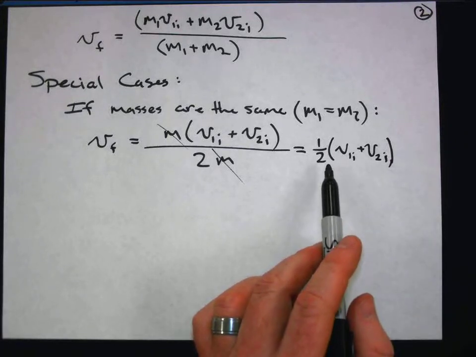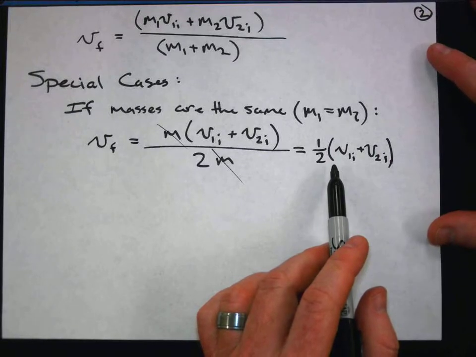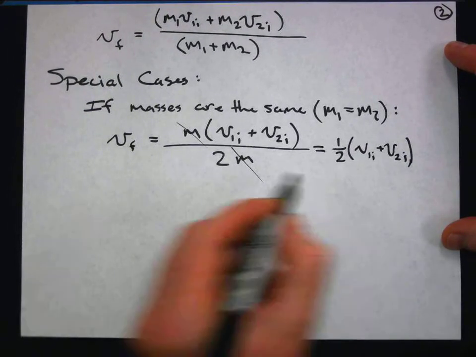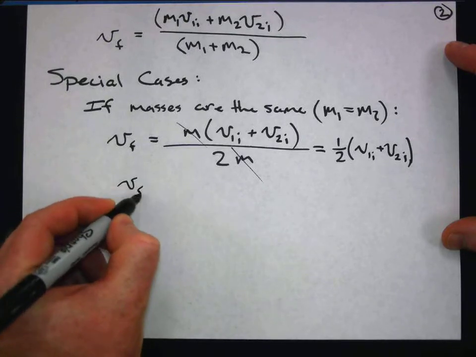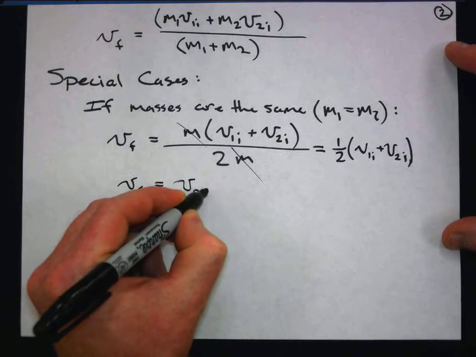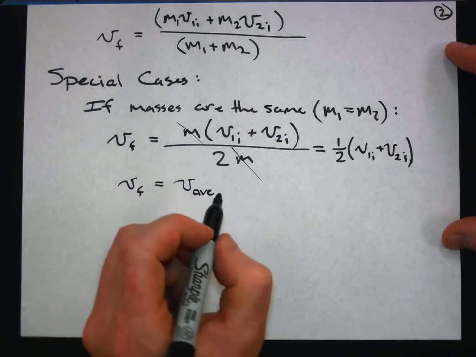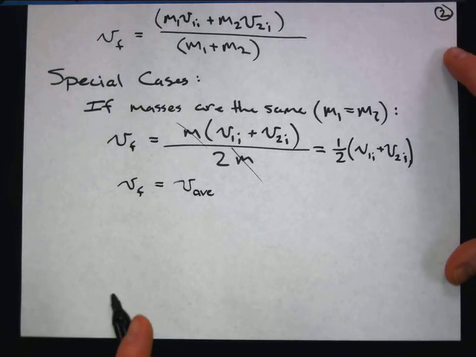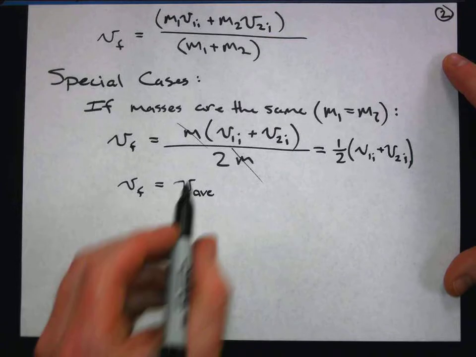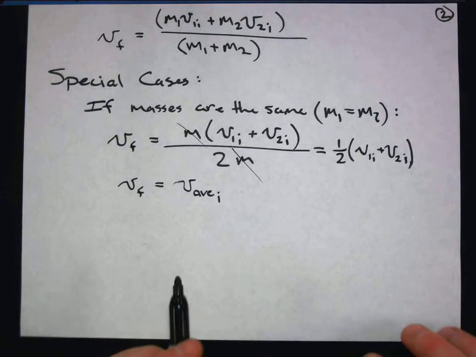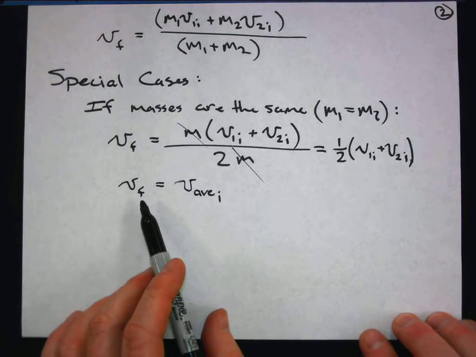In other words, I'm finding the average of those two velocities. So essentially, I have the final velocity of the system being equal to the average of the two initial velocities. Average initial velocity is what you're going to get for the final velocity.